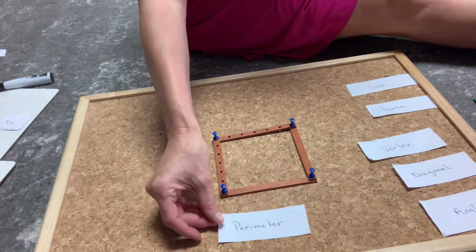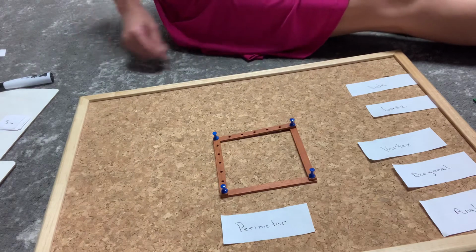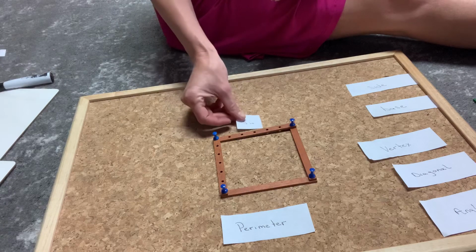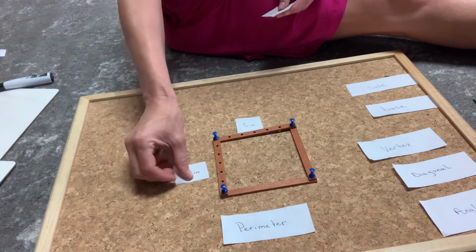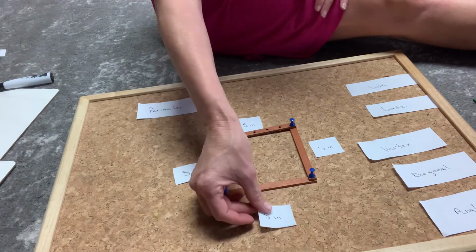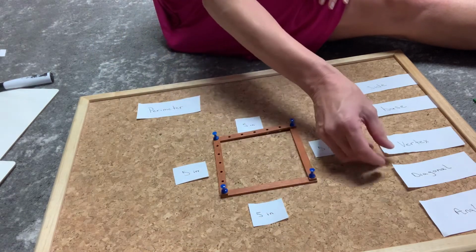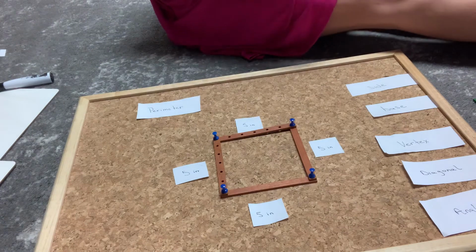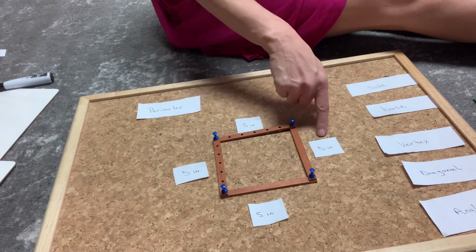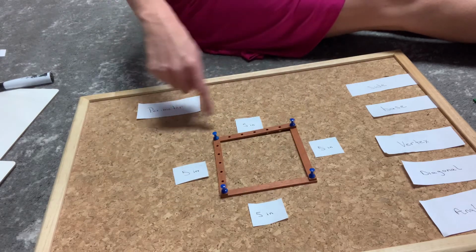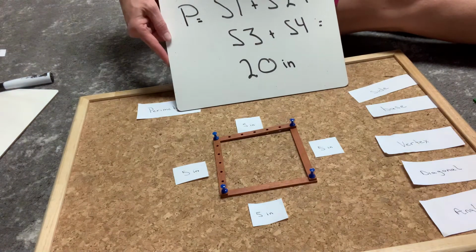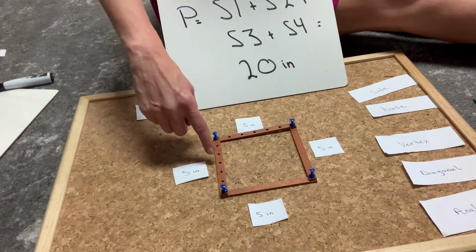The way that we figure out the perimeter is by adding up all 4 sides of the square. So the perimeter would be the sum, and we know the sum is the answer a person would get when they are adding something together. So the perimeter would be equal to adding side 1.